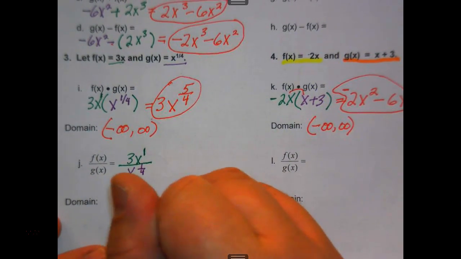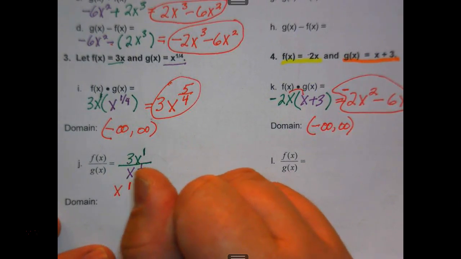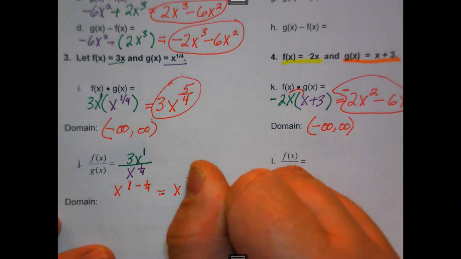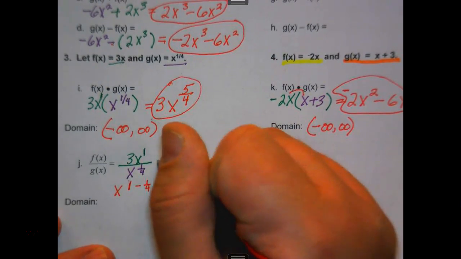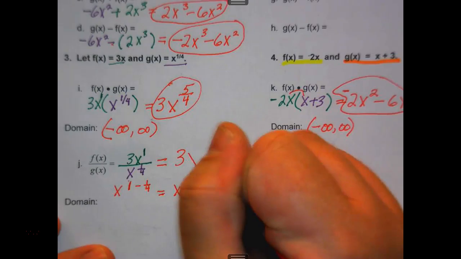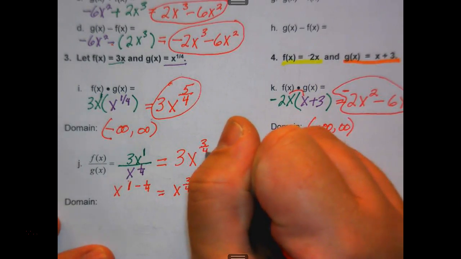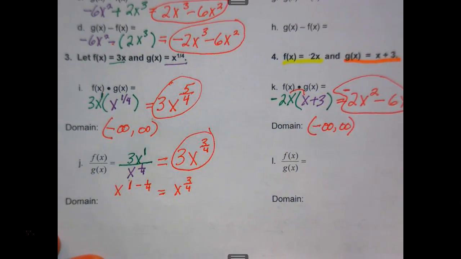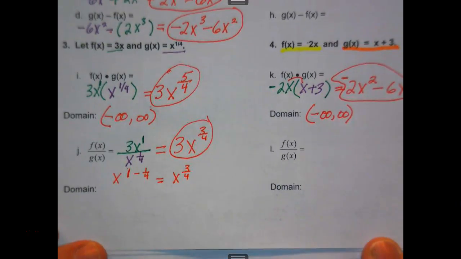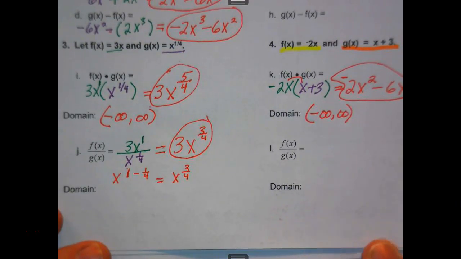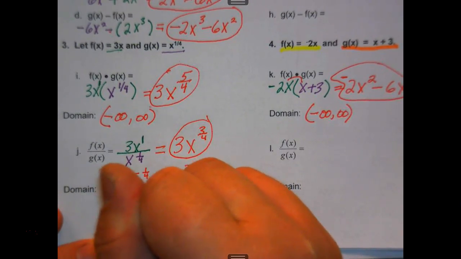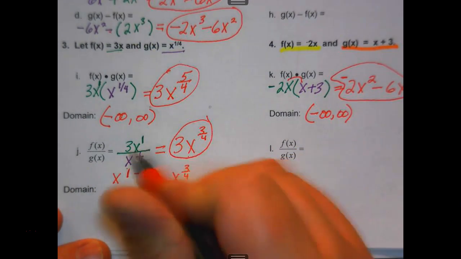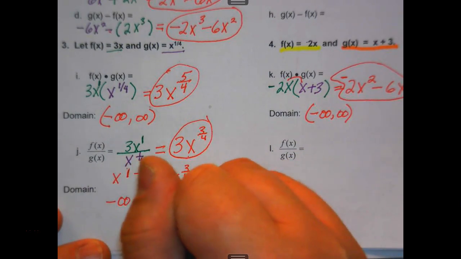So I have x to the 1 minus 1/4, which equals x to the 3/4. So I have 3 times x to the 3/4. And I don't think I have any restrictions, right? Nope. Well, even 0 to the 3/4 is 1, so 3 times 1 is 3. So we're good.